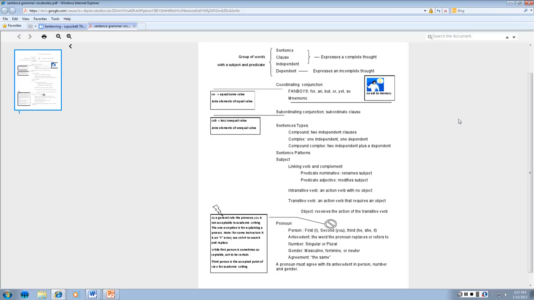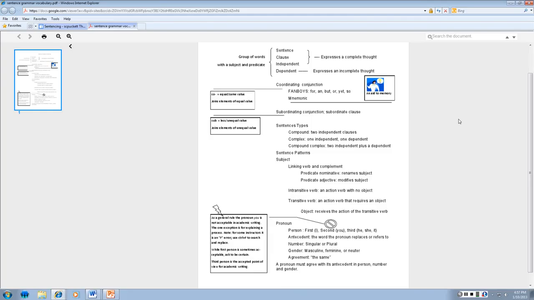If I say my mother and then I refer to my mother as she, I'm using a pronoun, she, to refer to mother, a noun, or to replace it. It can function in both ways. Underneath pronoun, there are five different words listed. These are important for a variety of reasons. But if you notice down at the bottom, it says a pronoun must agree with its antecedent in person, number, and gender.